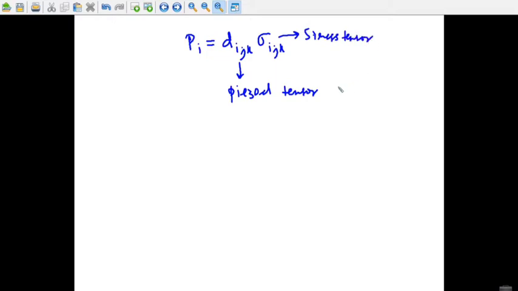The piezoelectric tensor is specific to the material, with non-zero elements dependent on the crystal symmetry, thus restricting the possible polarization vector directions.